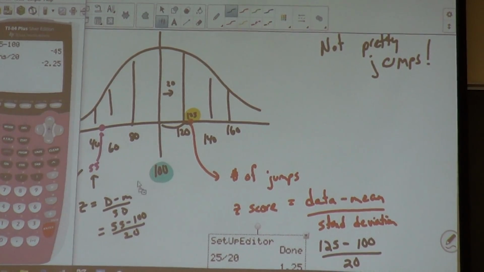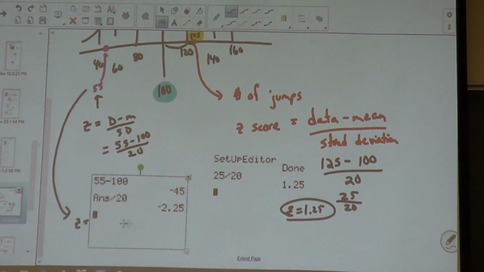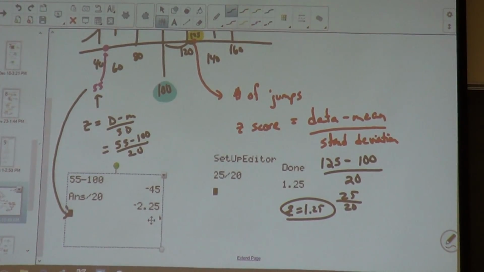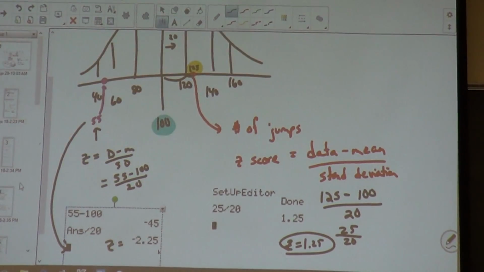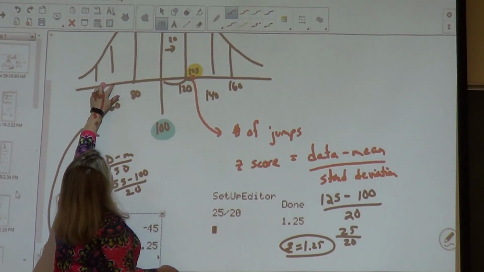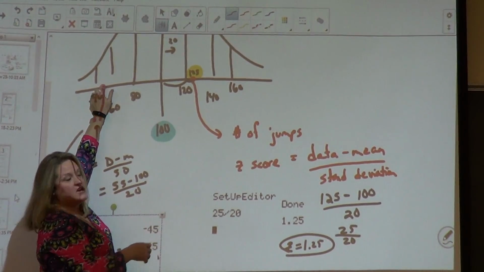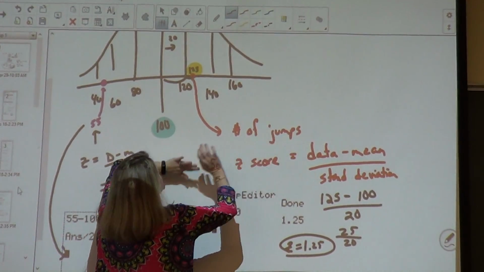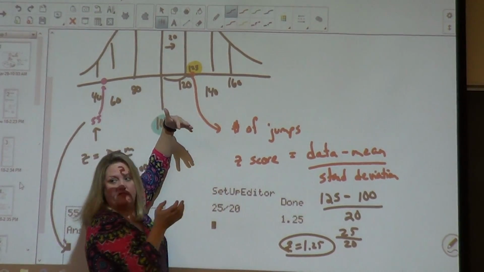Here, my z-score is negative 2.25, which means I jumped negative 2 and a little bit. If you're jumping to the right, it's positive. If you're jumping to the left, it's negative.